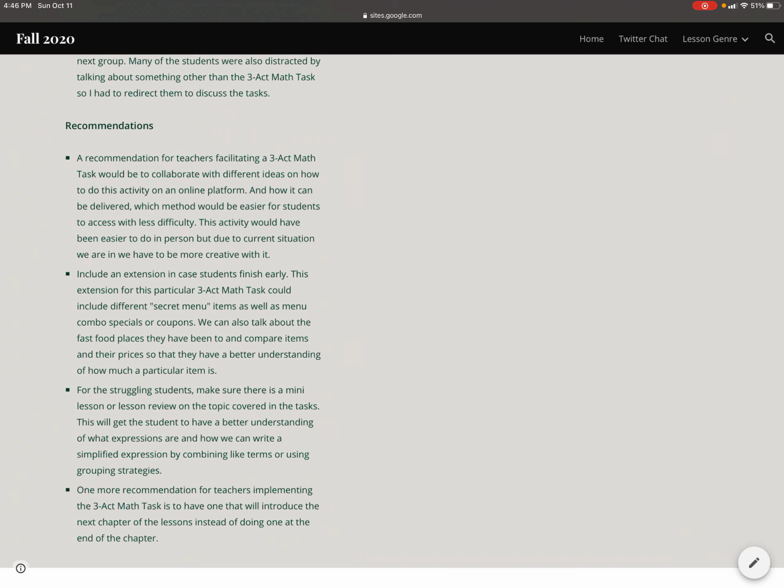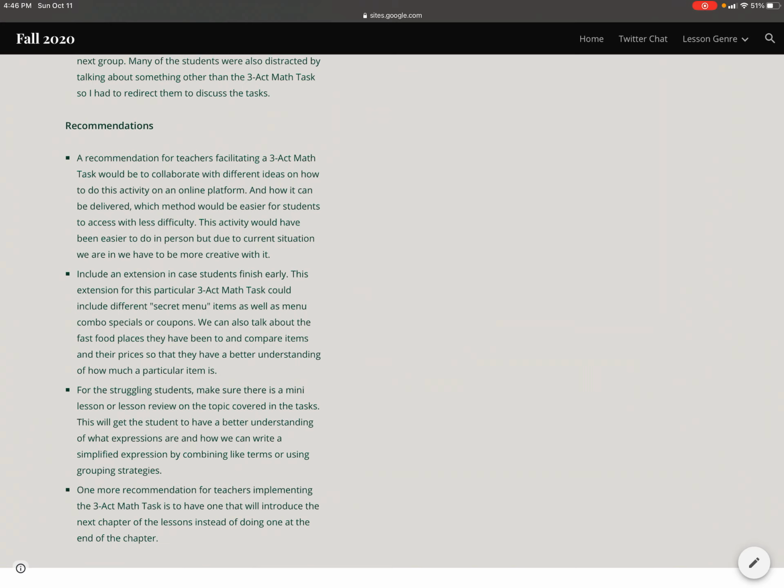So secret menu items as well as menu combo specials, as well as coupons, which will give us a different total at the end. That would be something I recommend, a little extension.